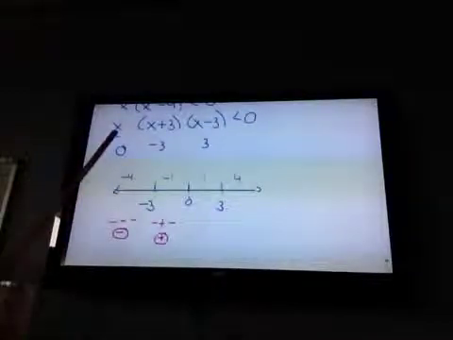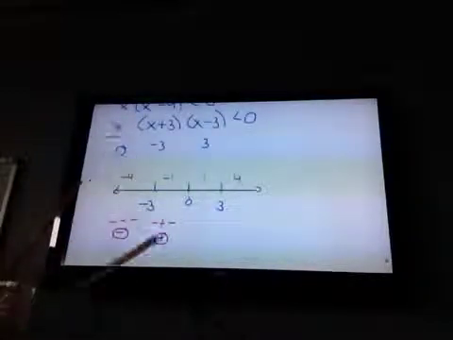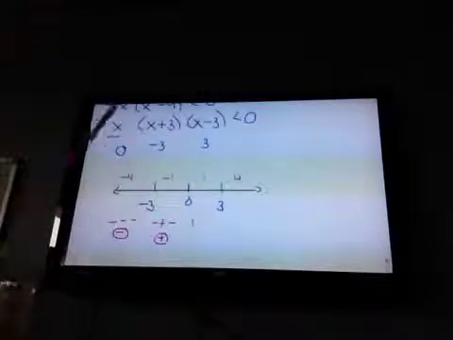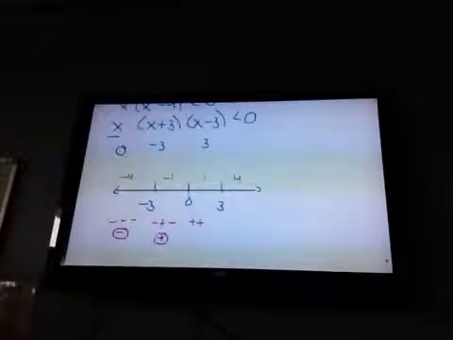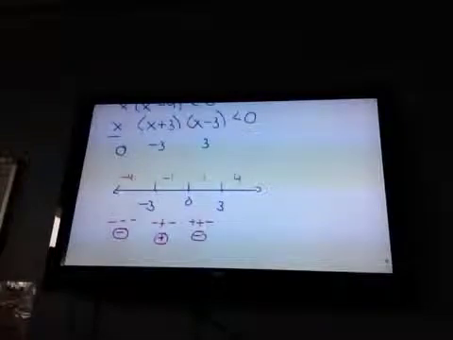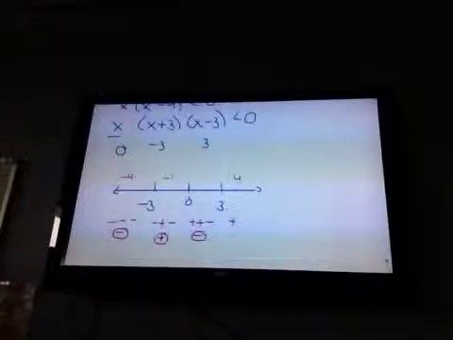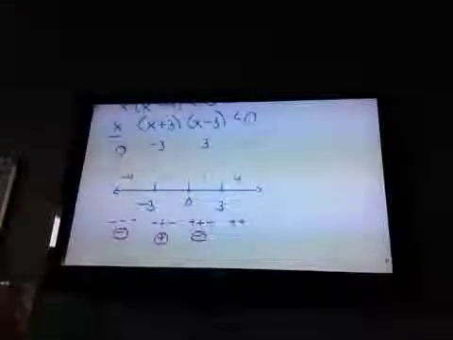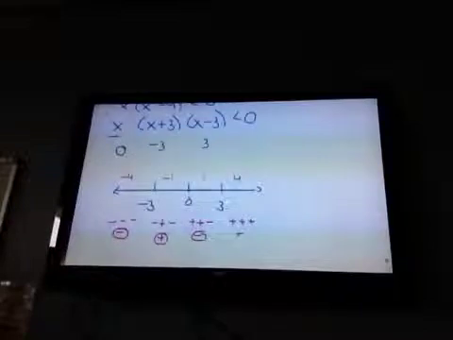Plug in 1. 1 is positive. 1 plus 3, positive. 1 minus 3, negative. A positive, positive, negative would end up negative. And 4. 4 would be positive. 4 plus 3 would be positive. 4 minus 3 would be positive. And a positive, positive, positive is positive.